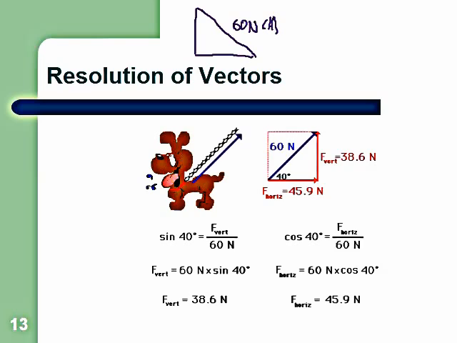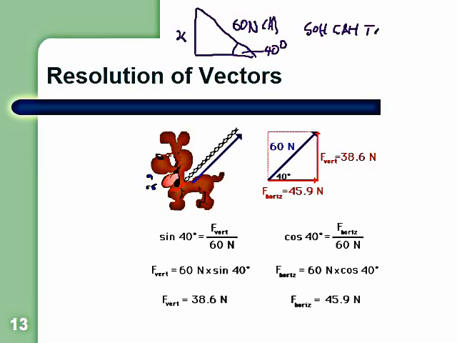And we know that the angle is 40 degrees. Okay, that's theta. There we go. And we want to know the vertical component here, which is, in this case, I'll call it x. Okay, so we use SOHCAHTOA.